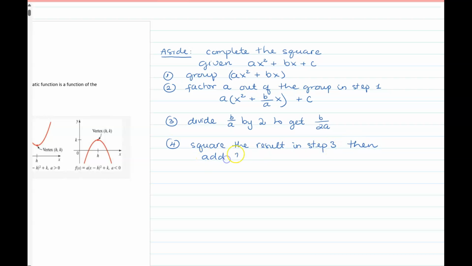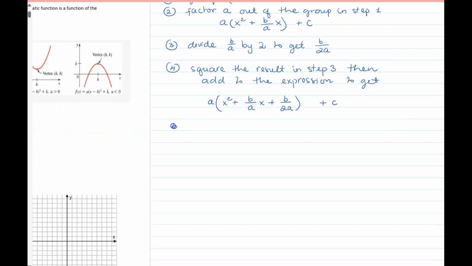Then add it to the expression. Because we add it into the expression, we need to subtract it out right away.